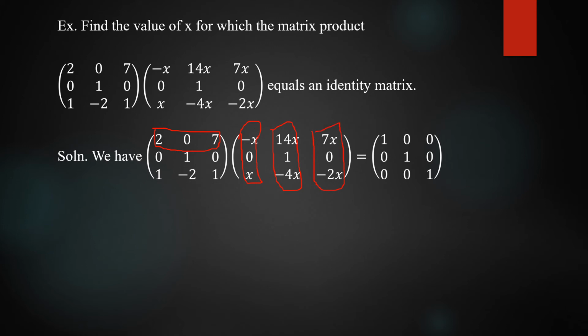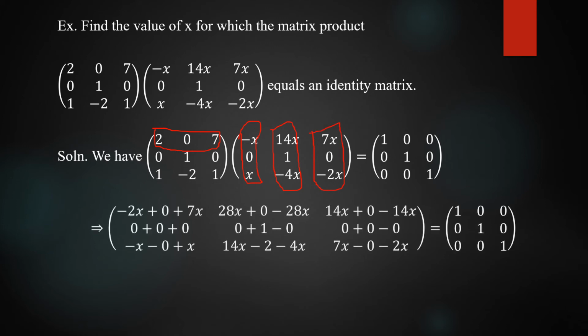Is that clear? Let me write the next line. Here this row is 2 0 7 and this row should be multiplied here.